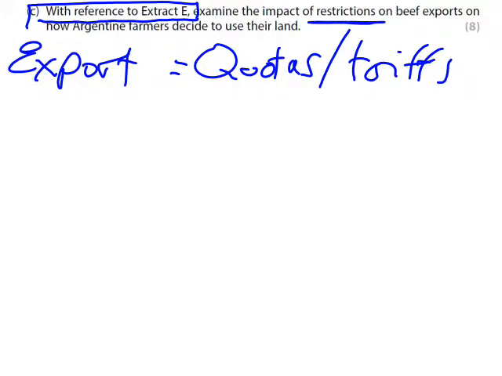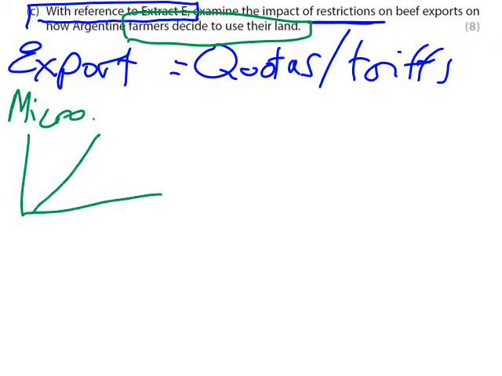These restrictions, the impact that it's looking at are on how farmers decide to use their land. So remember, this is looking at micro, and what we are effectively looking at is just supply and demand in markets.